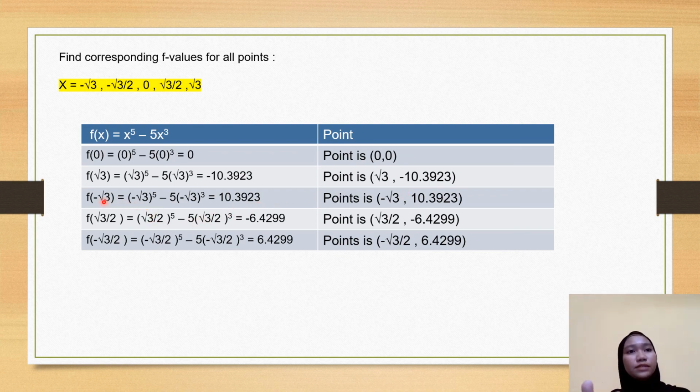For the third column, we substitute x equals negative root 3, we got 10.3923, the point is negative root 3, 10.3923. For the fourth column, we substitute x equals root 3 over 2, we got negative 6.4299, and the point is root 3 over 2, negative 6.4299. The last column, we substitute x equals negative root 3 over 2, and we got 6.4299, and the point is negative root 3 over 2, 6.4299.